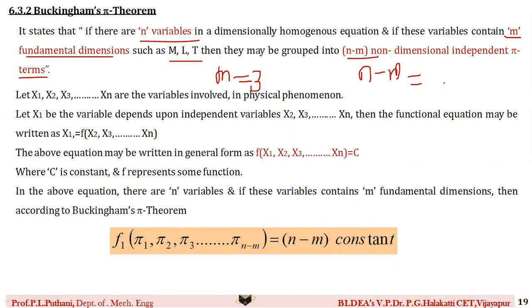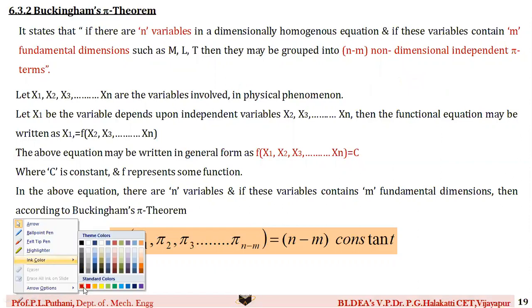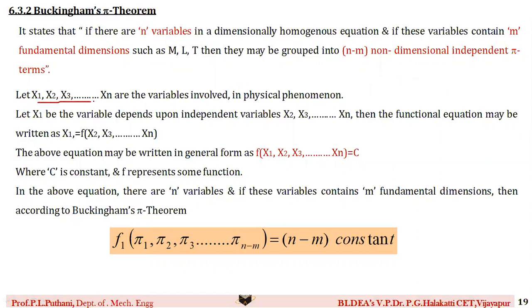So the value we get here is the number of independent pi terms which you need to find out. Suppose we write it in this form: let x1, x2, x3, and so on up to xn be the variables involved in a given problem.